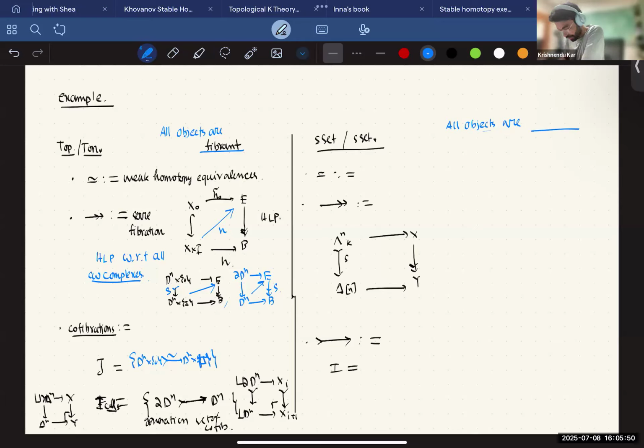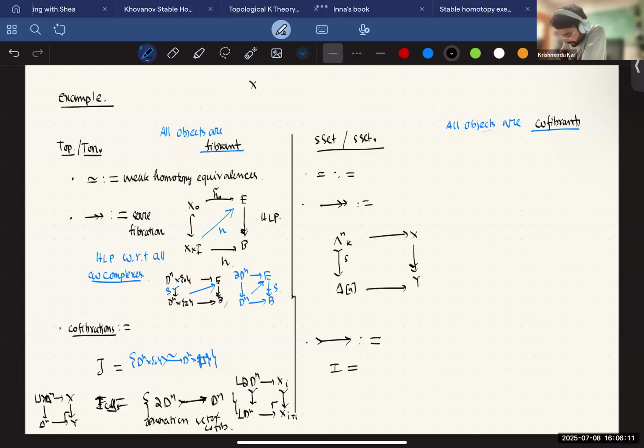So now let's look at the model structure on simplicial sets. So for simplicial sets, all your objects will be cofibrant. We'll see how this is true. Oh, and by the way, why are all the objects fibrant?